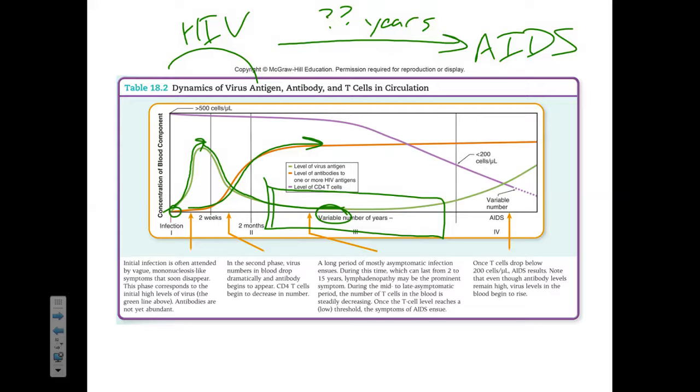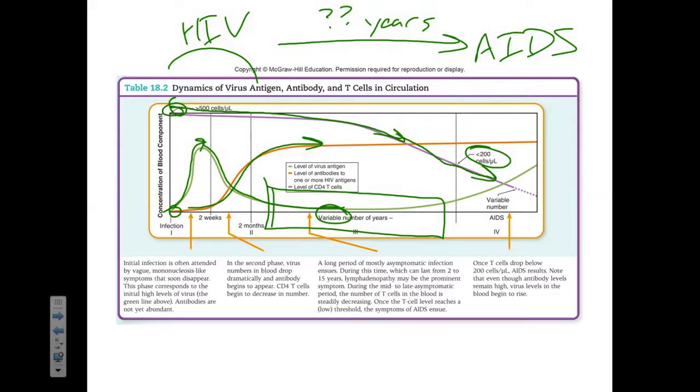Over the course of the infection, though, we find that the level of CD4 positive T lymphocytes within the blood steadily decreases. And as that CD4 positive T lymphocyte count goes down, eventually it drops below the threshold of 200 T lymphocytes per microliter of blood.